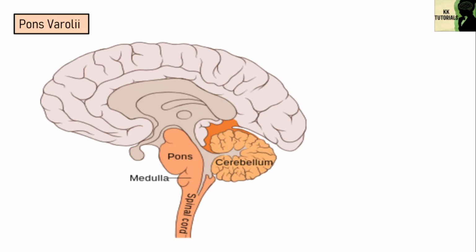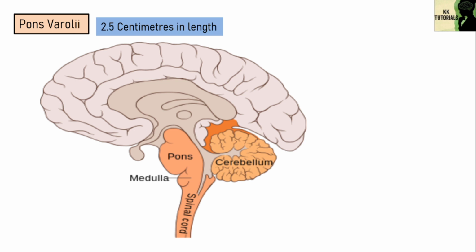Now let's talk about another part of hindbrain, that is Pons Varolii. The Pons Varolii appears as a rounded bulge on the underside of brainstem. The pons in humans measures about 2.5 centimeters in length. It is situated between midbrain and medulla oblongata.